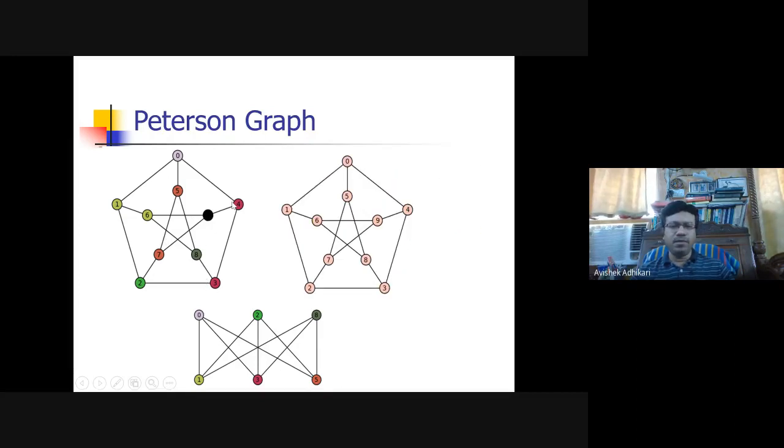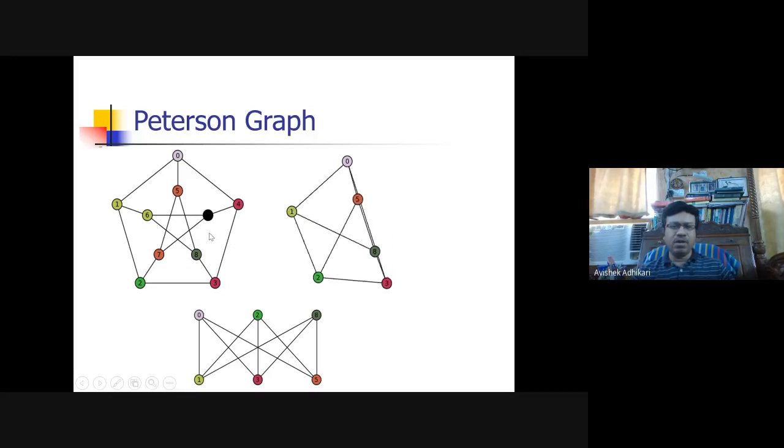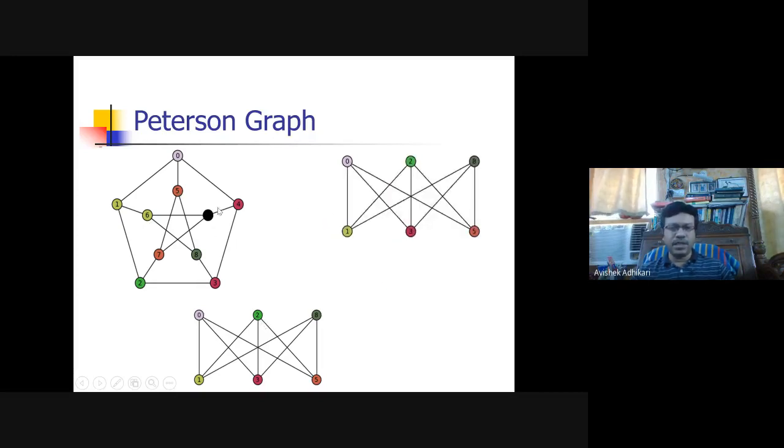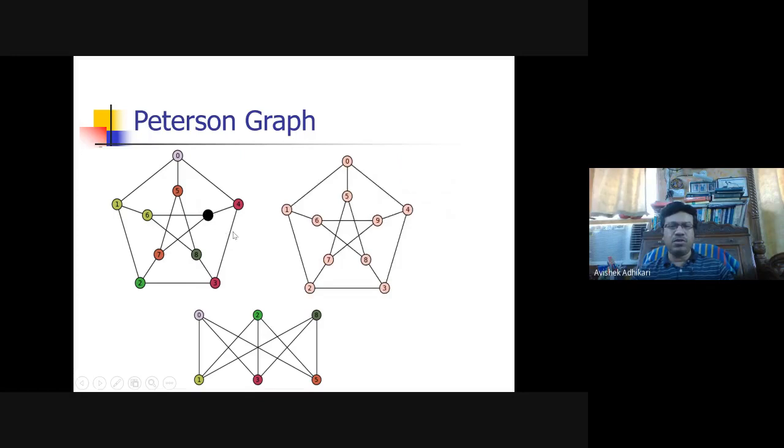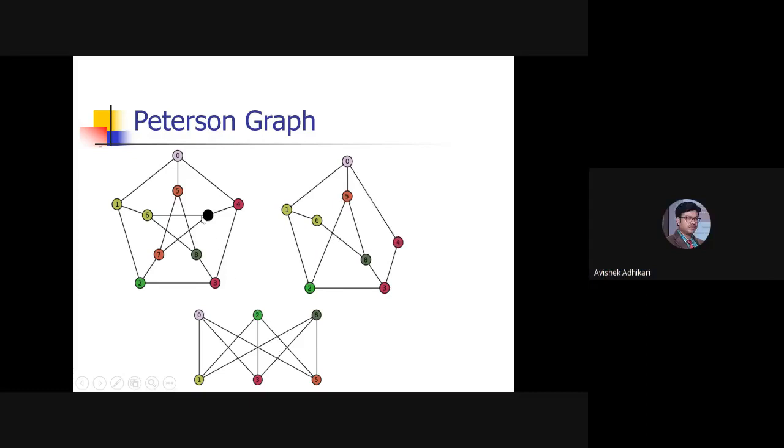Just have a look at the vertices which I am merging as we collapse things to get K33. That means the Peterson graph is also non-planar, because it contains a subdivision of K33 as a subgraph lying inside this Peterson graph.